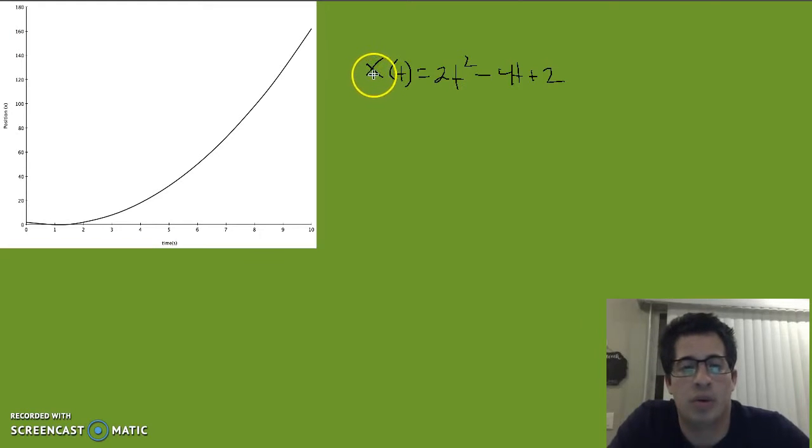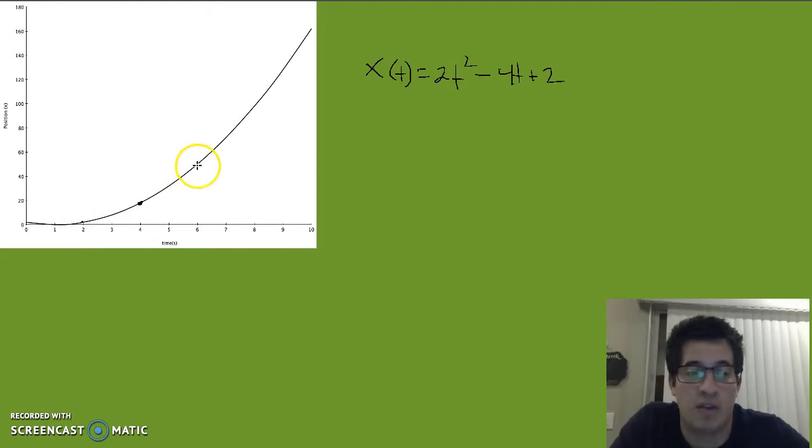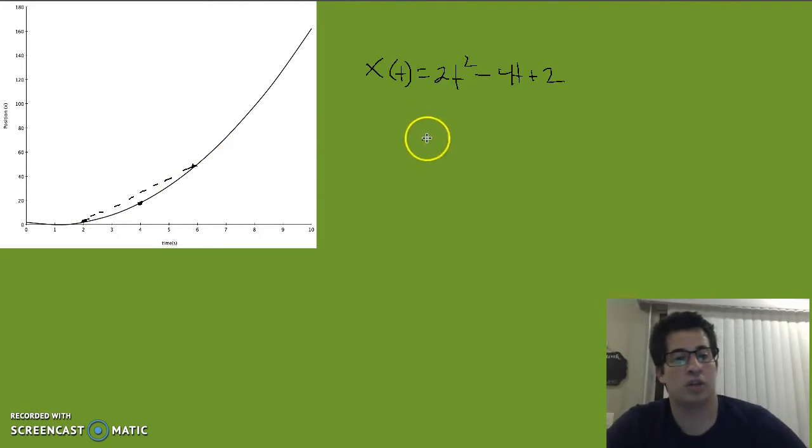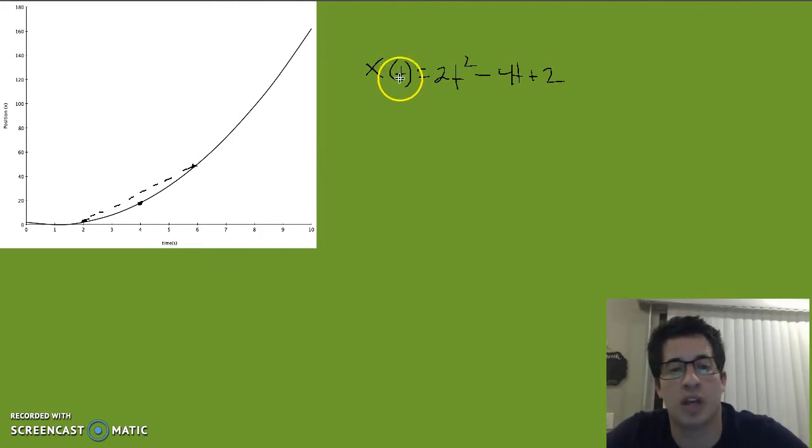I want to find out how fast it's traveling at 4 seconds. We know from before that we can approximate that by finding the average velocity, maybe between 6 seconds and 2 seconds, because it looks like that might be pretty close. We'll try that first.